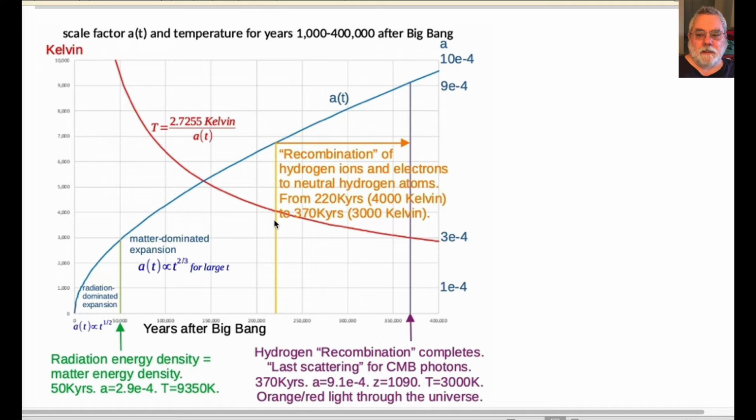The hydrogen is a nearly completely ionized plasma, 1 electron separated from 1 proton at the beginning of this period, and nearly completely recombined into a gas of neutral hydrogen atoms at the end of this period, with the cooler temperature. This is called the epoch of recombination.